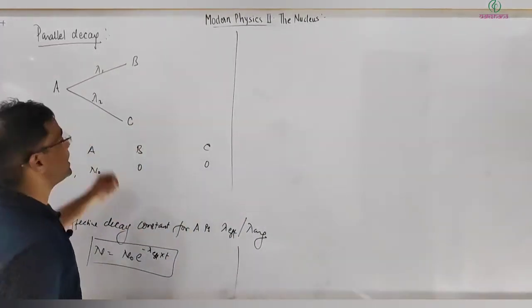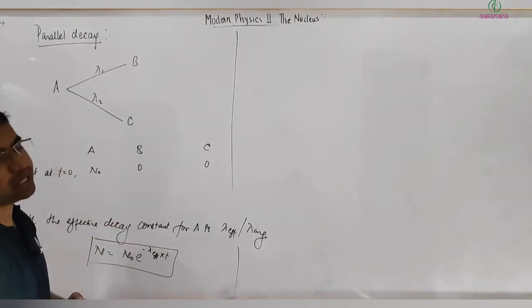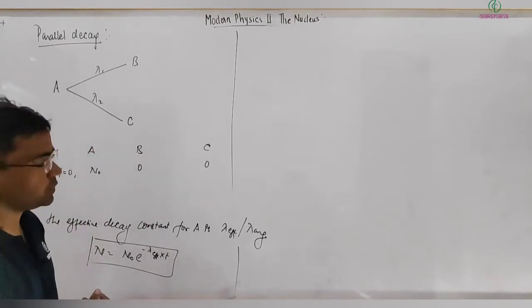We call it parallel decay because it's simultaneously decaying into B and at the same time decaying to C also.